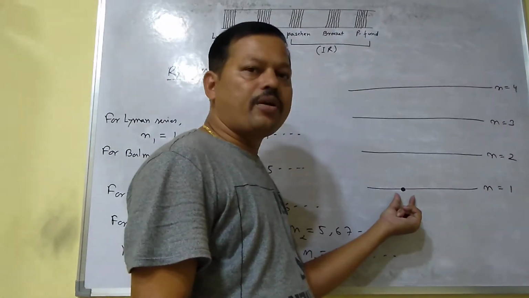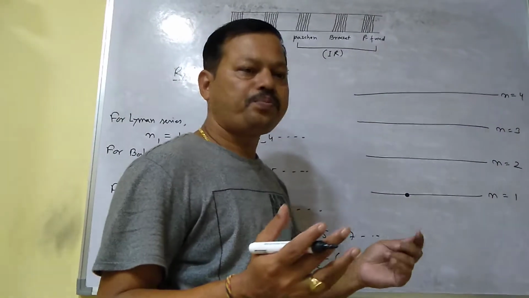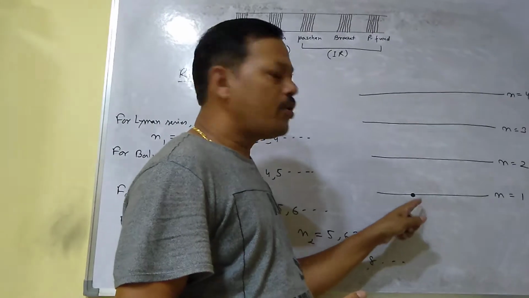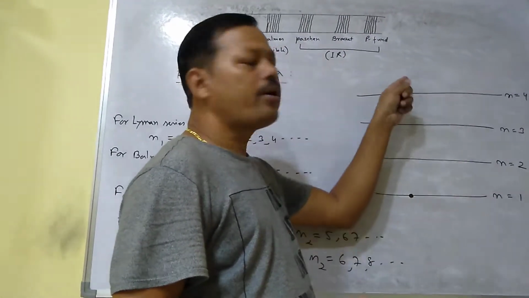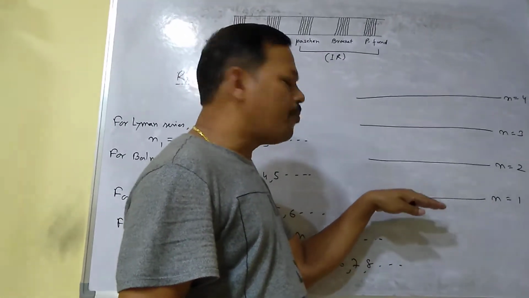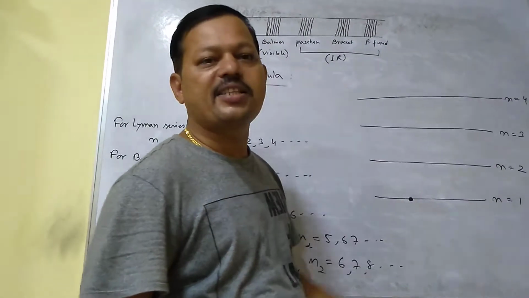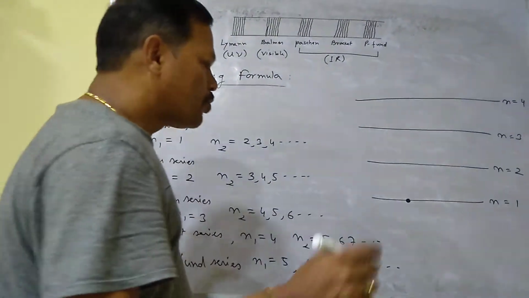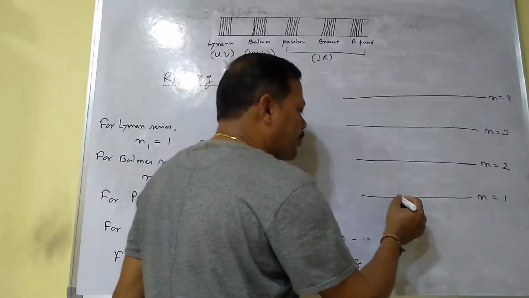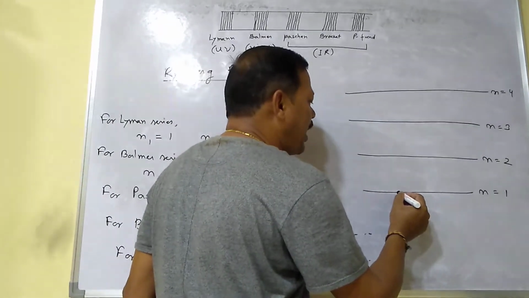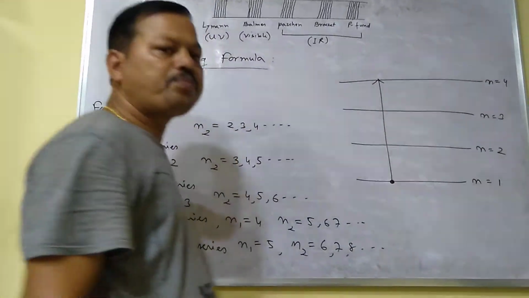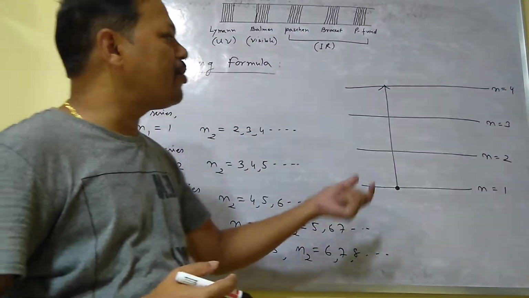When the hydrogen atom gains some energy, the electron can jump from this lower level to a higher level. Suppose the electron jumps from n equal 1 to n equal 4 after gaining energy. How much energy it gains determines which higher level it will jump to.